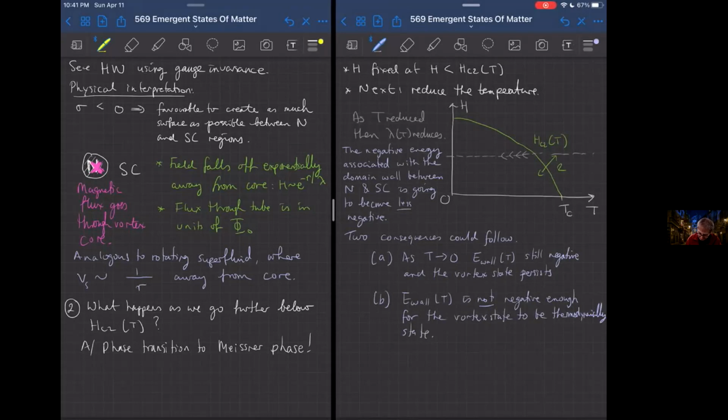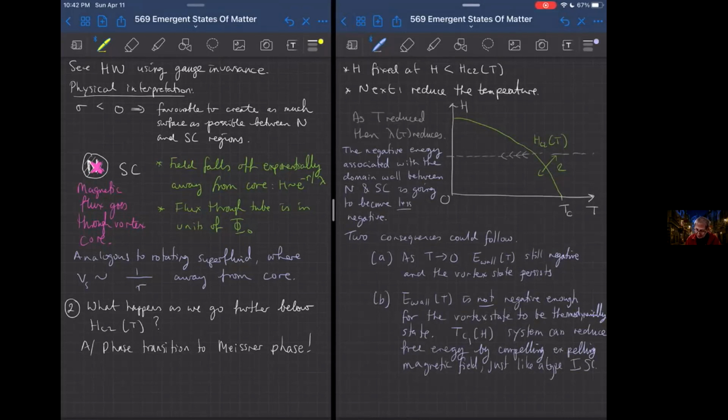So then there'll be a TC of H, and I'm going to call that TC1 of H, where the system can reduce the free energy by completely expelling magnetic field, just like the type 1 superconductor. So that's what could happen.